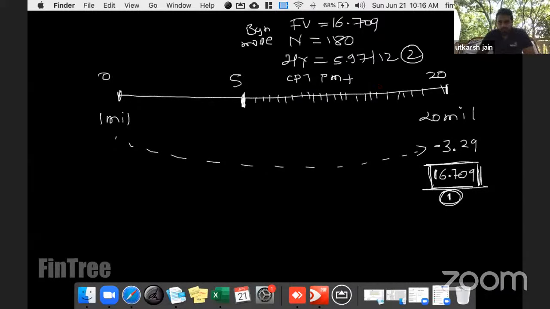And 180 should be your N. RCL2 divided by 12 is your IY. And we are on the beginning mode, and we will say compute payment. Compute payment. And tell me if you're getting the same answer.